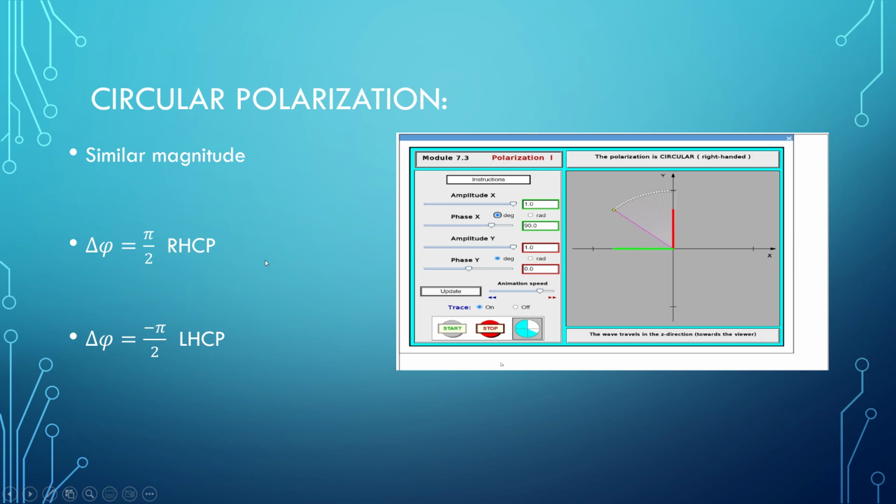So as you can see here, we have the same amplitude and we have a phase difference of negative 90, because remember, we take the phase of Y minus the phase of X. Since we have 90 degrees in the phase of X, the phase difference between them would be minus 90.